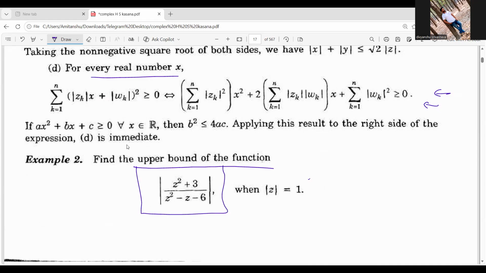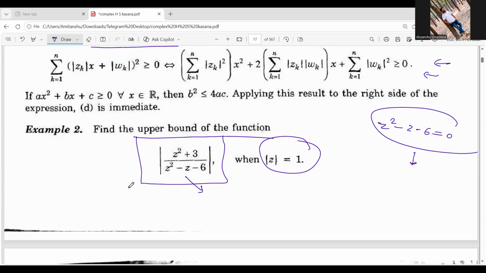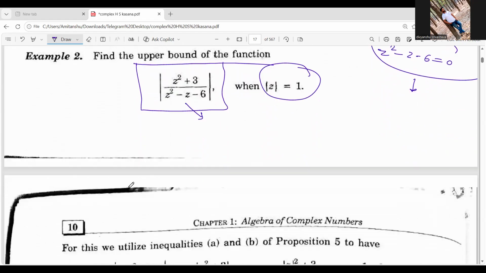So this is the most important thing. I think everyone knows about this, and you need to know how to find the upper bound of the function. So in this section, first try to solve z square minus z minus 6 equal to 0. This is your basic quadratic equation. So try to solve this first and then apply the further calculation.